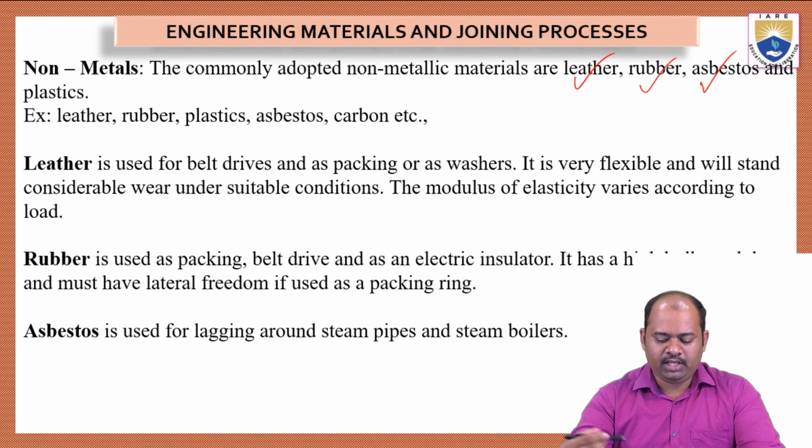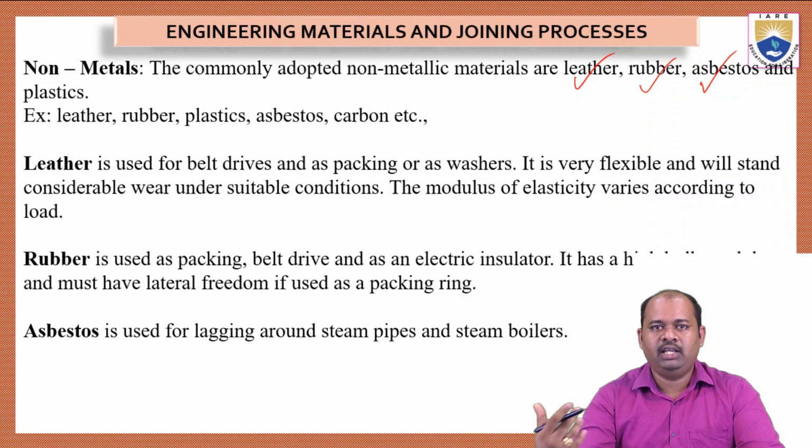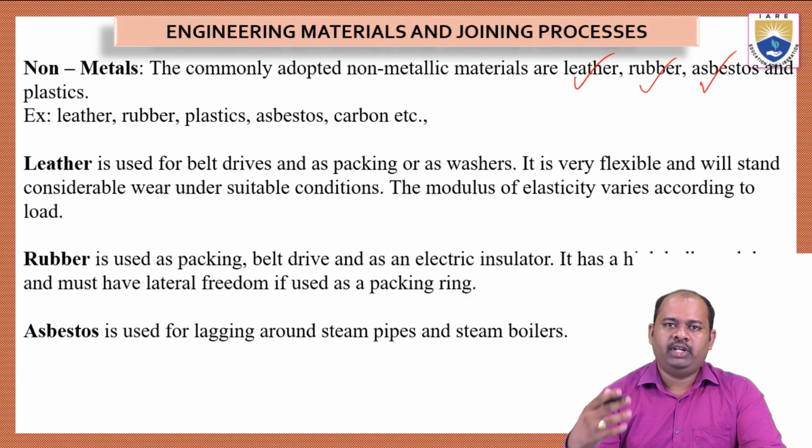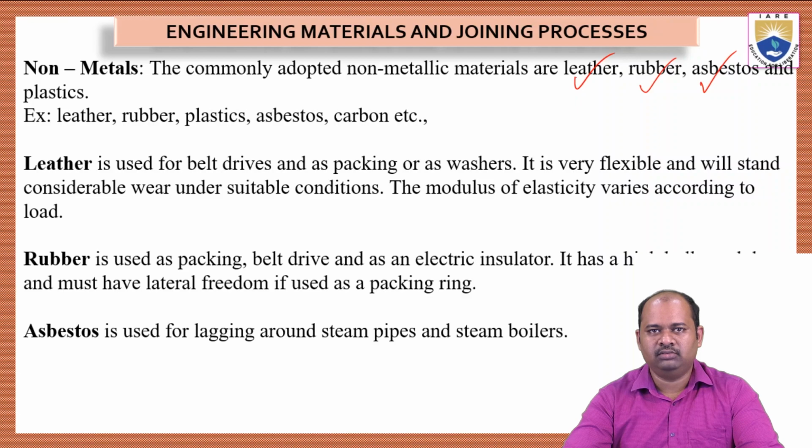That is where the lateral strength of this rubber has to be very high when it is used as a packing ring. So it has to be strong enough to withstand lateral loads when it is placed inside an IC engine.